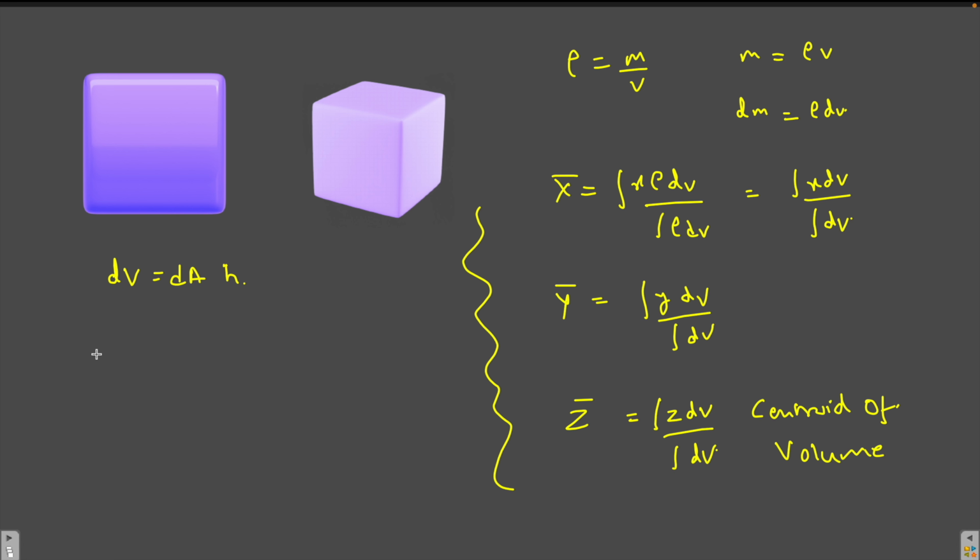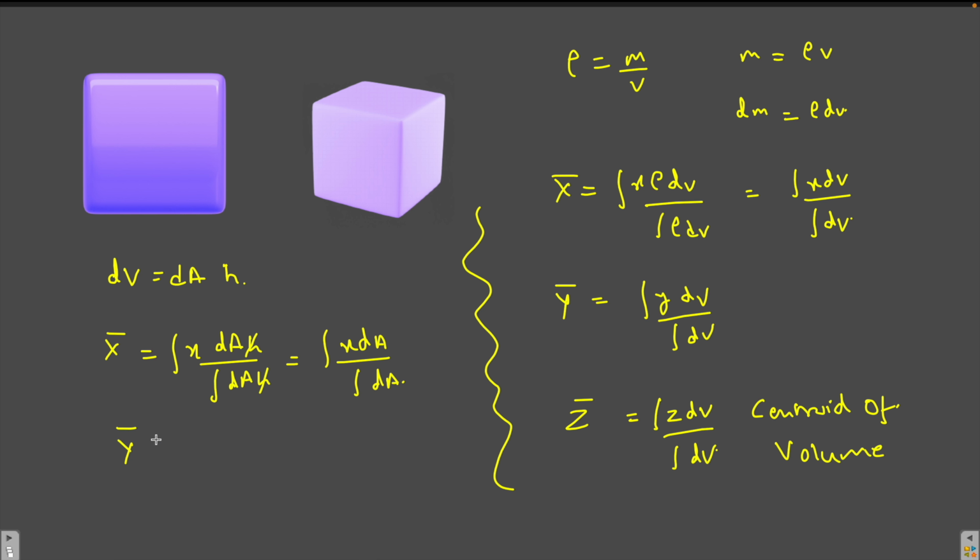So by replacing these, what we get is x bar as integration of x into dA into h by integration of dA into h. Now h and h will get cancelled out, and we'll be left with integration of x dA by integration of dA.